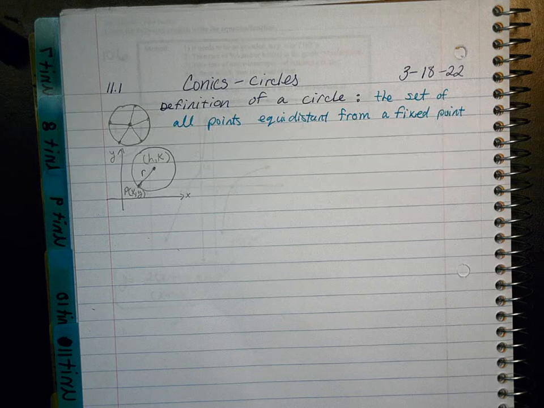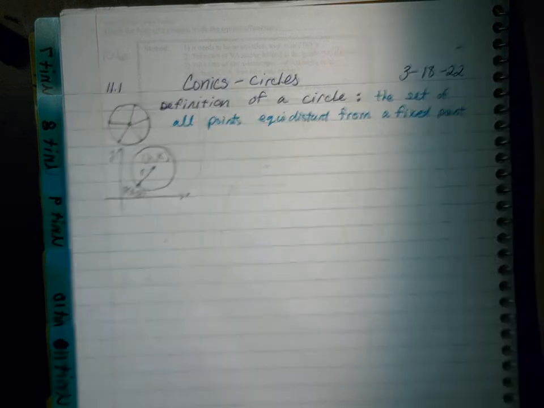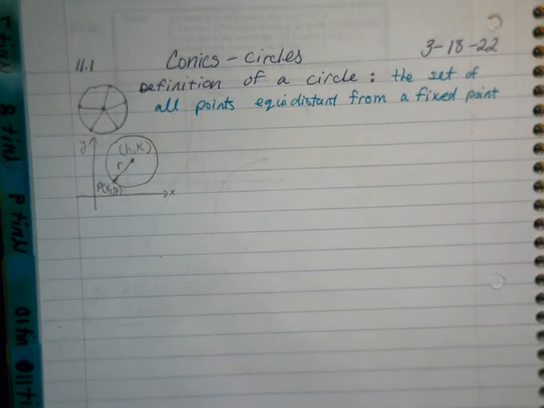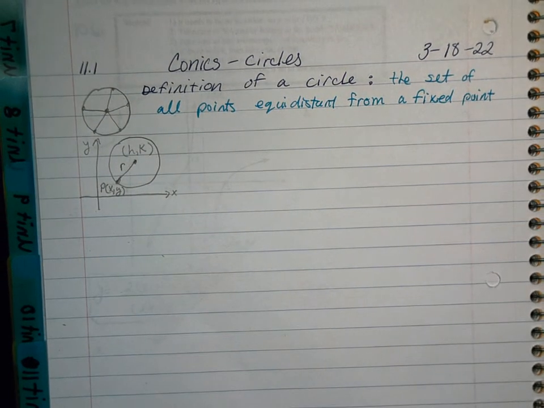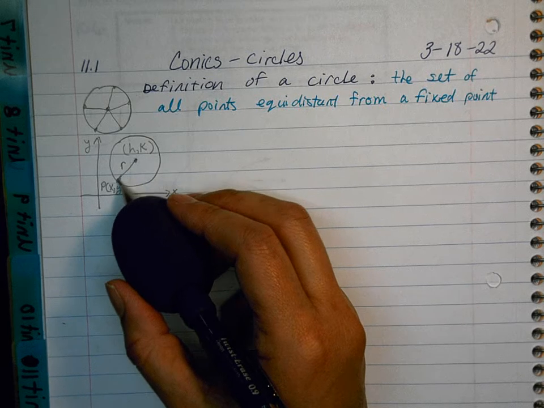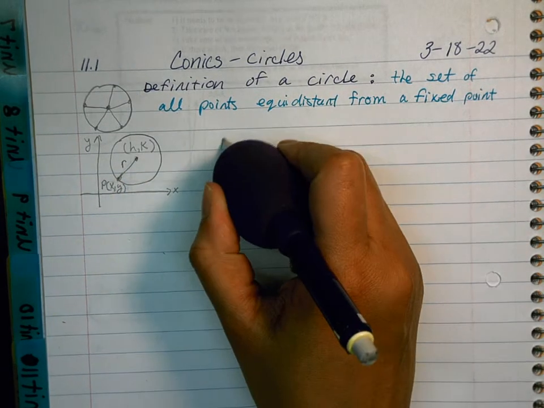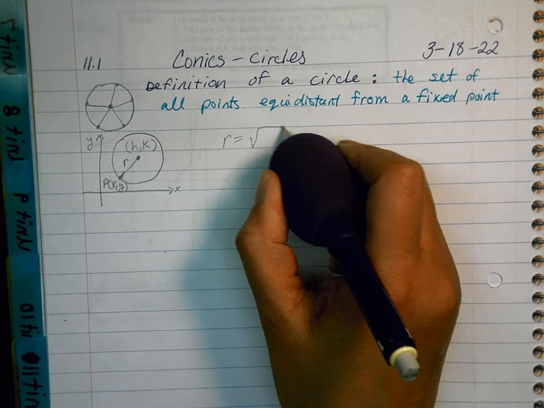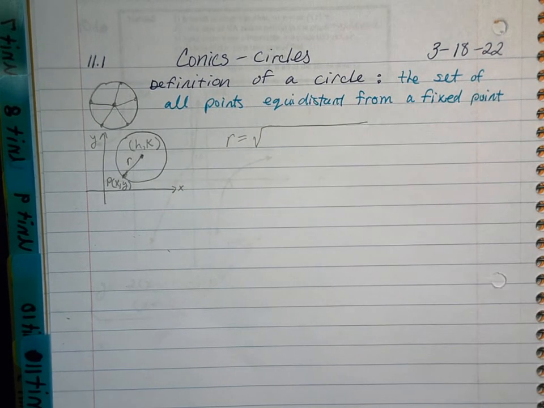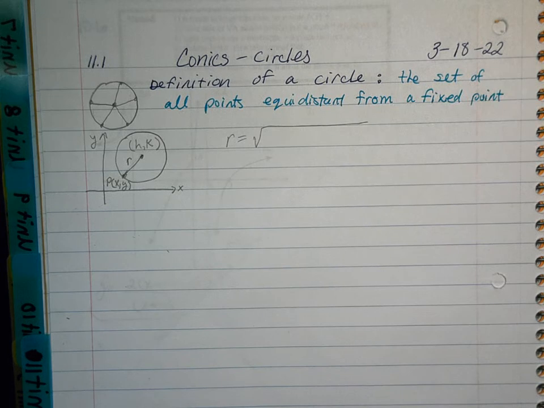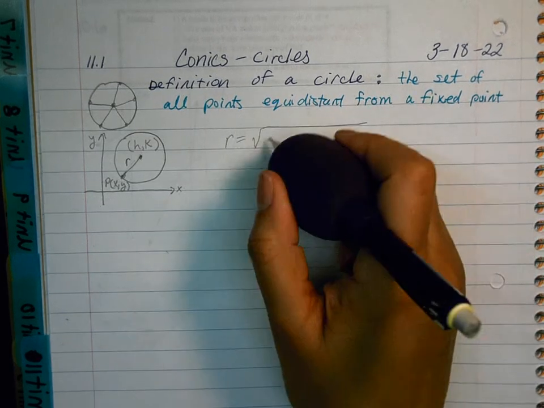Does anybody remember the distance formula? It's D equals something. D equals, instead of D, I'm going to use R because I'm calling my distance here R. R equals the square root of, you subtract your x values and square it. So let's do that.